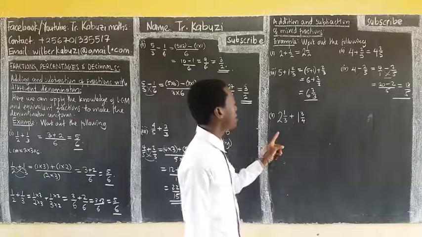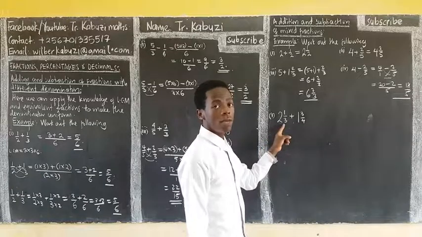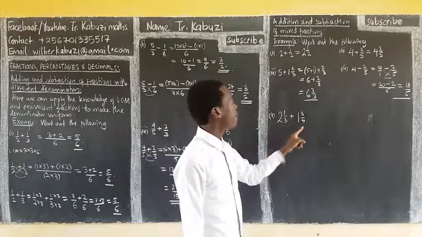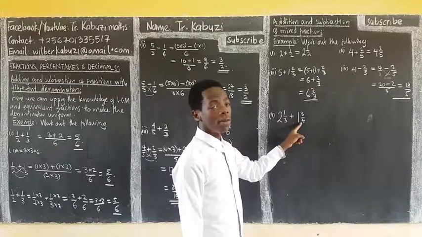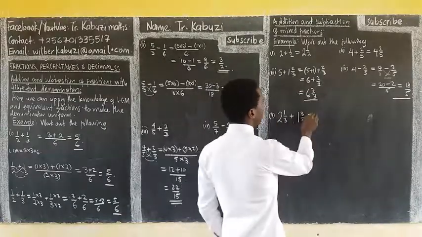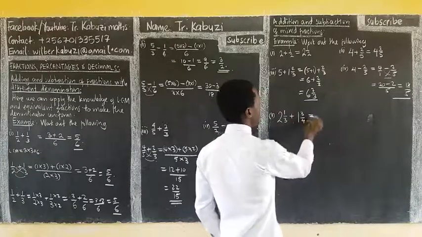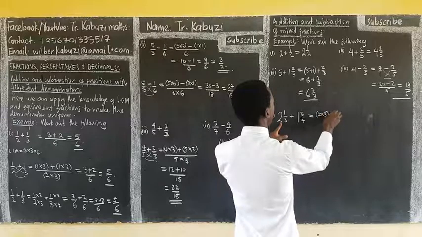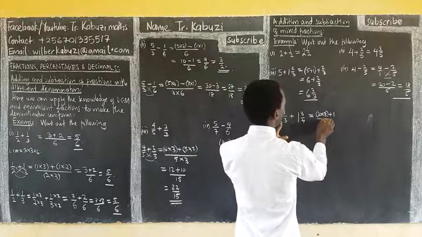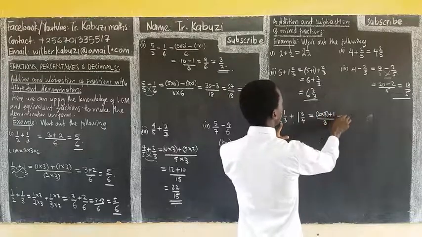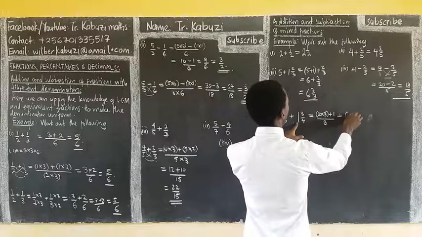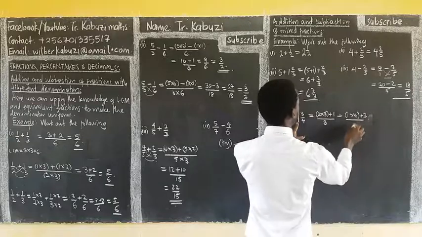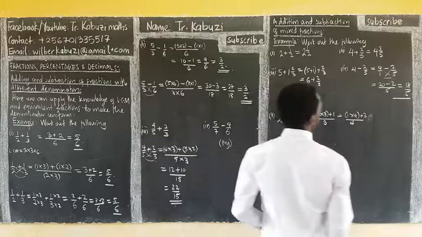The first method is we convert this into an improper fraction, because we saw how we convert from mixed to improper, and also convert this also to improper. So the first step is how do you convert this to improper? We say you get the whole number 2 times 3 plus 1, the whole over the denominator, then plus this one will be 1 times 4, then plus 3, the whole over 4.